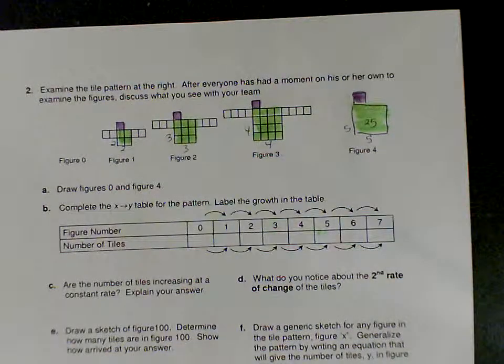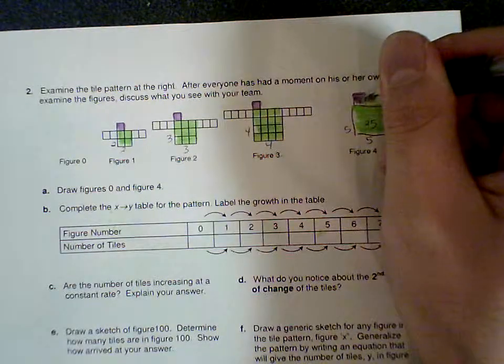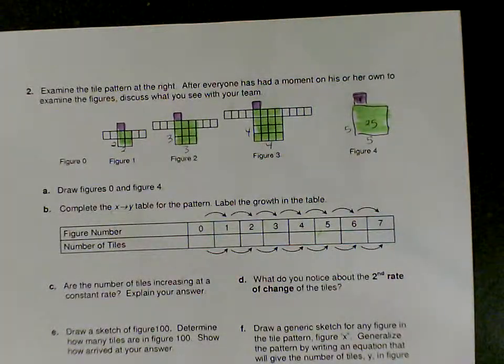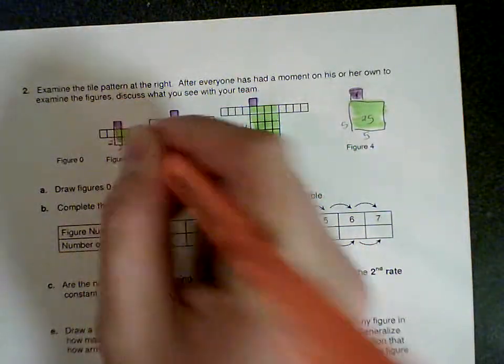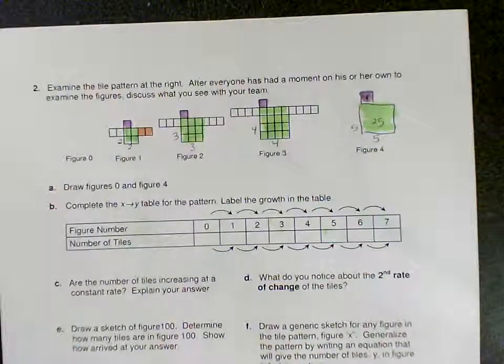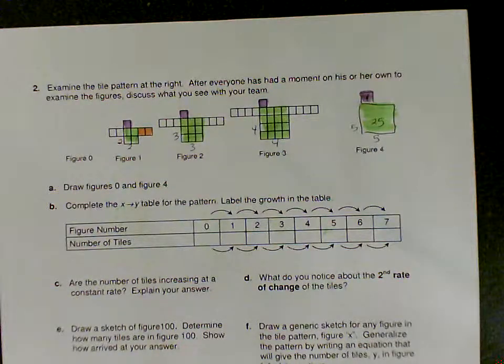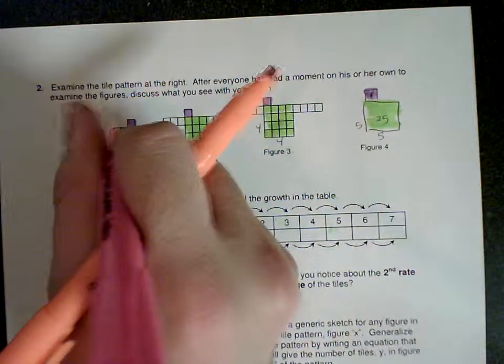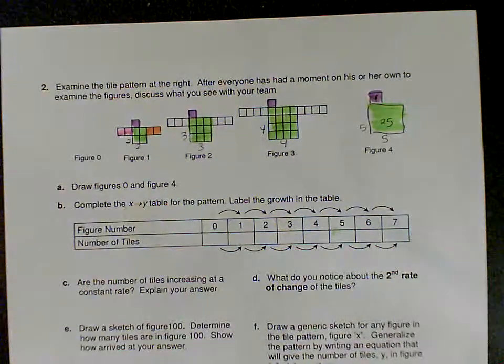And now let's look at the sides. So I see in figure 1, there's 2 over there. And I guess I can use a different color. Let's use pink. And 2 over here.